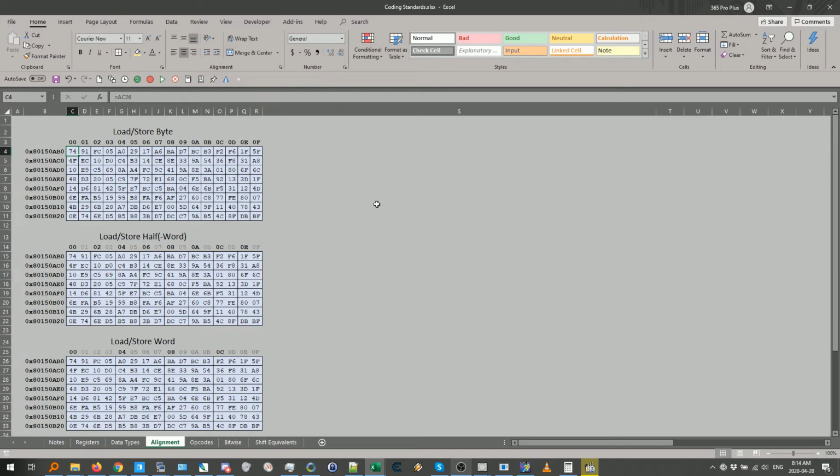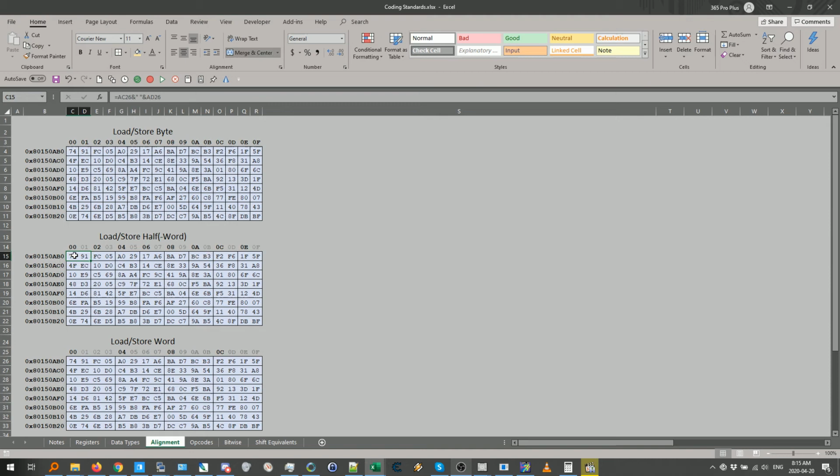What the alignment is, is that the leftmost byte should be rounded to the data type. A byte is the smallest data type, so you don't really need to align anything. You can load any byte that you want.